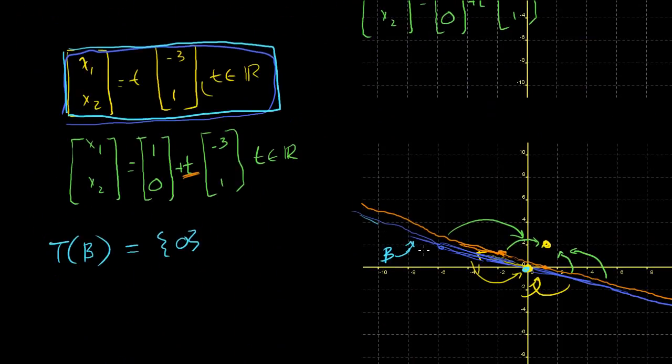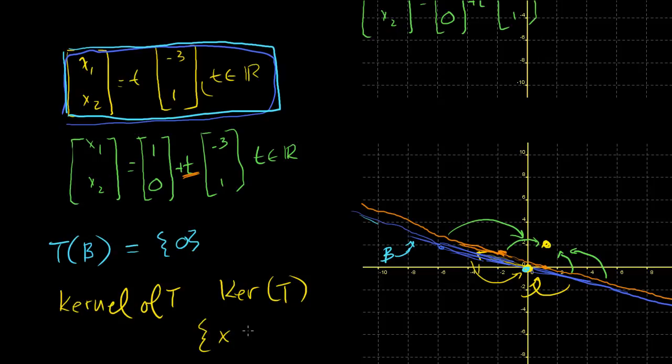And so this blue thing right here is called the kernel. The kernel of T. And sometimes it's written as just shorthand, Ker of T. And this literally is all of the vectors in our domain, which was R2, such that the transformation of those vectors is equal to the 0 vector. This is the definition of the kernel.